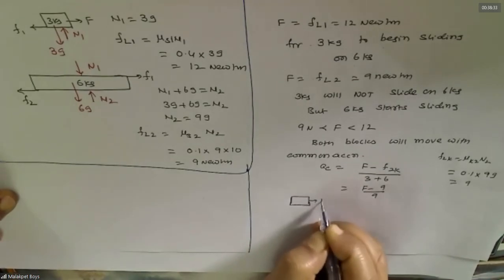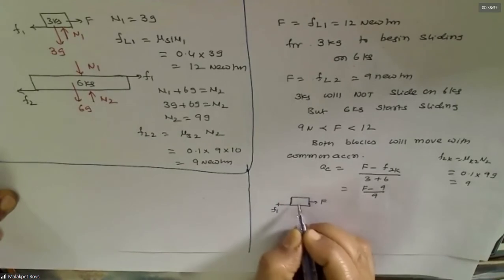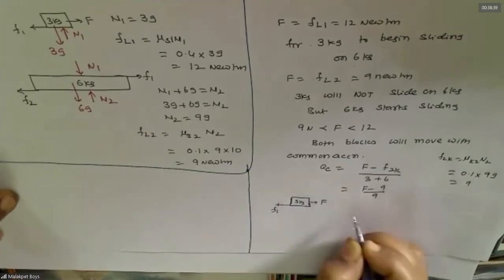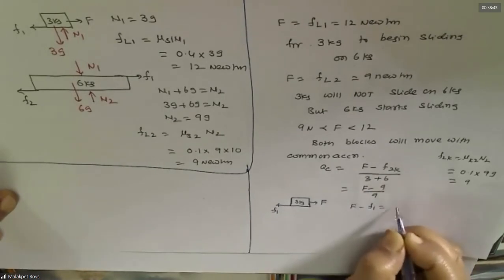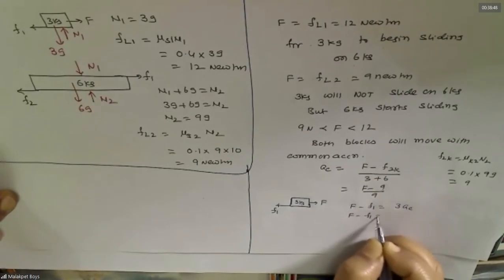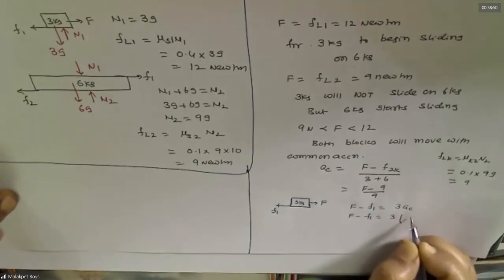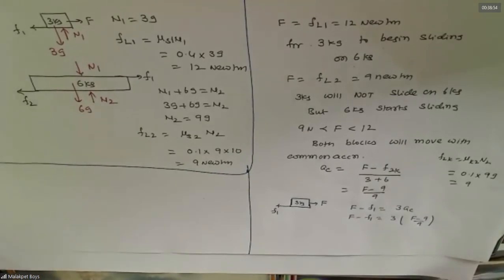This is F. This is 3 kg. Mass into common acceleration. Agreed.